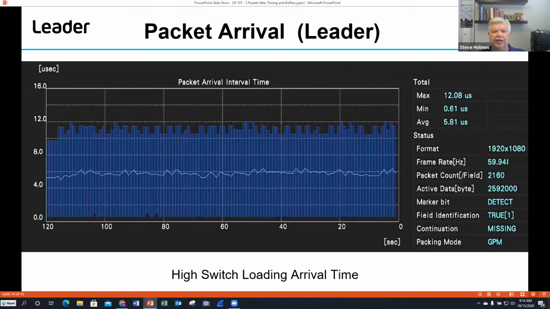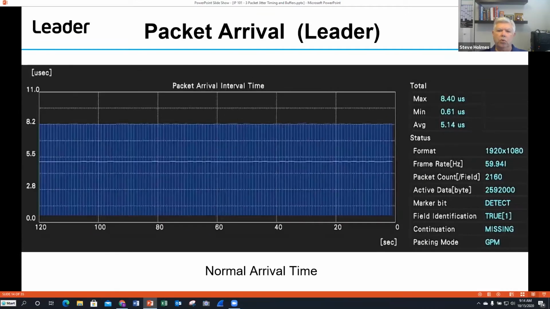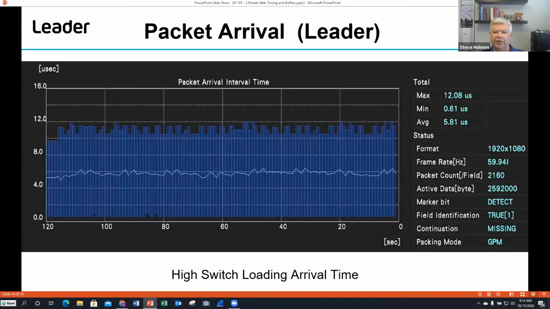It's just going to get worse as you go through more and more network elements. So you want to know exactly what your system looks like when it's operating correctly and when your system is starting to get sick, and be able to look at these things.